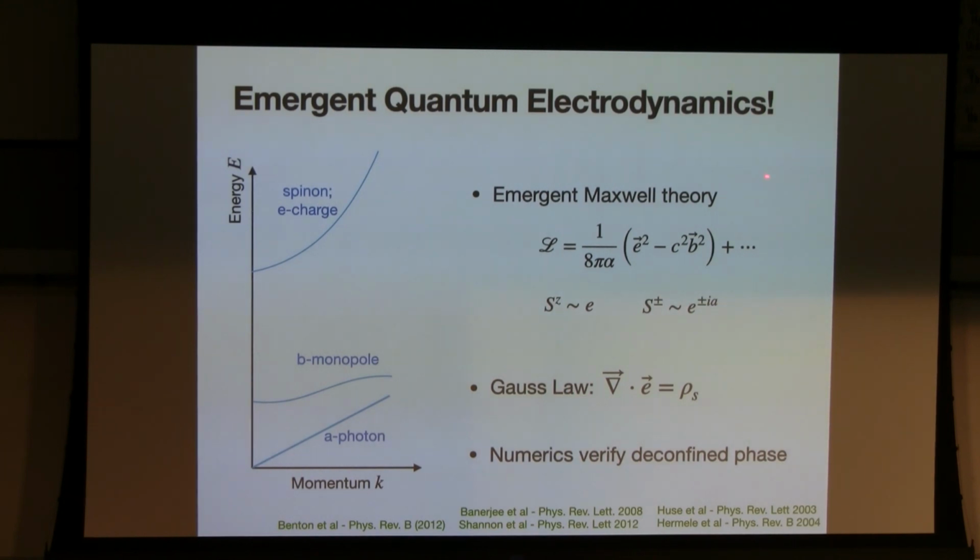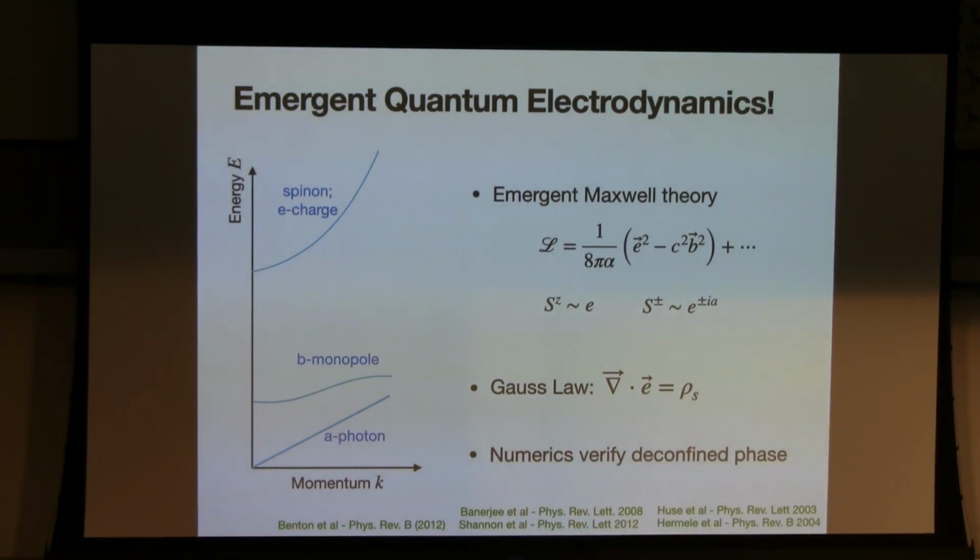This is what it can do, okay? It could confine, but we have verified, or by we, I mean these guys, and then me in some later calculations has also seen it, that in fact the ice model is in the deconfined phase for large ranges of parameters, okay? And so this is the effective description.